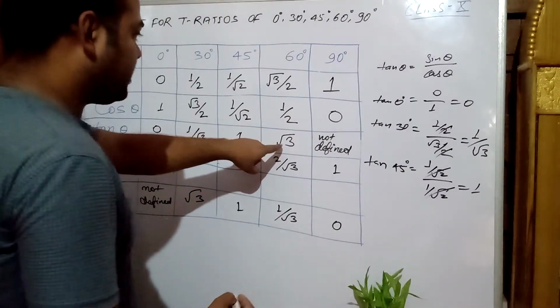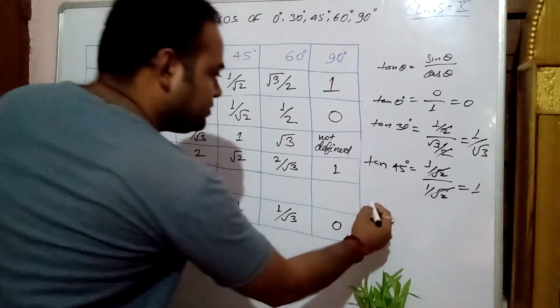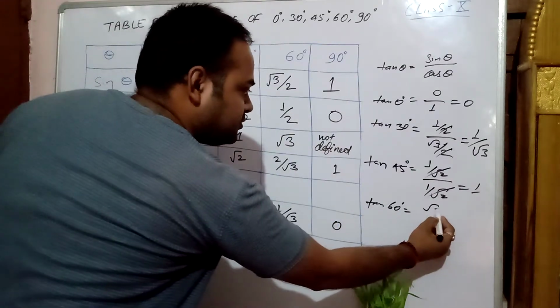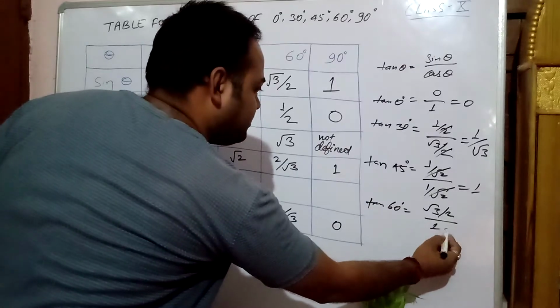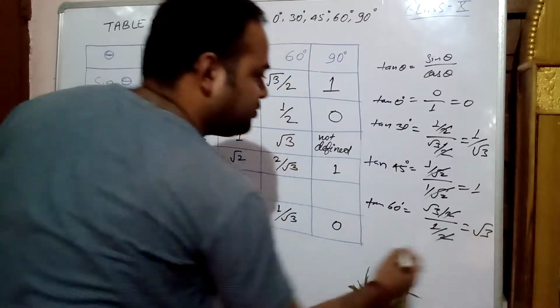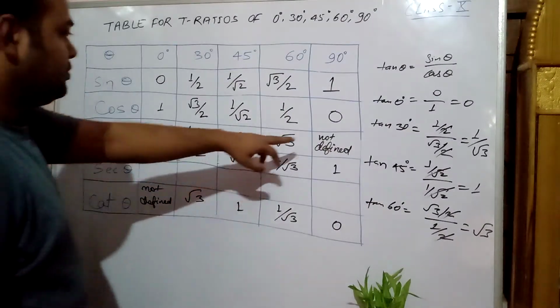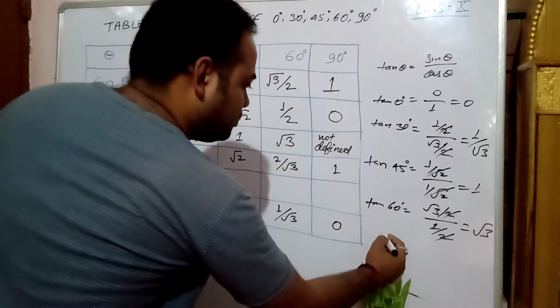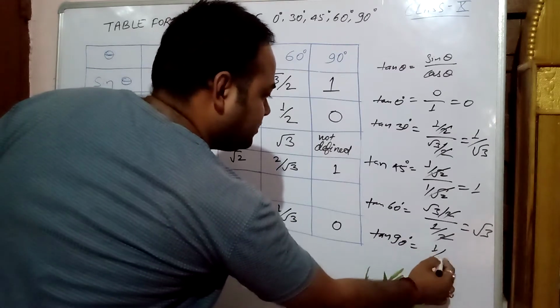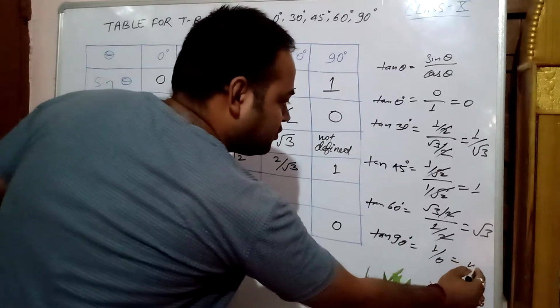Again tan 60 degree is equal to root 3 by 2 divided by 1 by 2. 2 cancel, you got root 3 here. Now tan 90 degree is equal to 1 by 0, which is not defined.